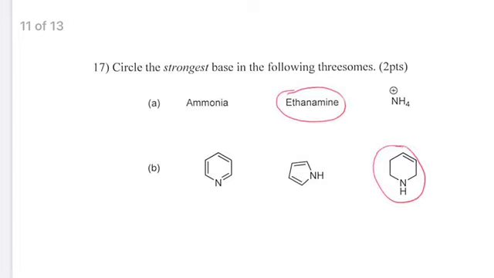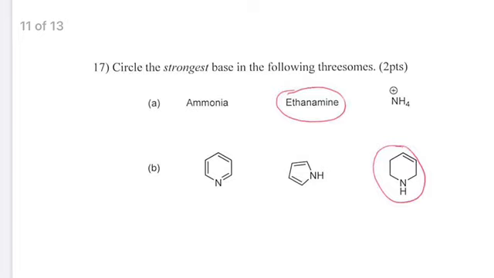But the lone pair in pyrrole is involved in conjugation. That's essential for the aromaticity. So the lone pair on pyrrole is tied up in aromaticity. That's unavailable for donation. The lone pair on the nitrogen on the right-hand side molecule is not involved in conjugation. So of those three, the weakest base is pyrrole, because that's involved in resonance stabilization.